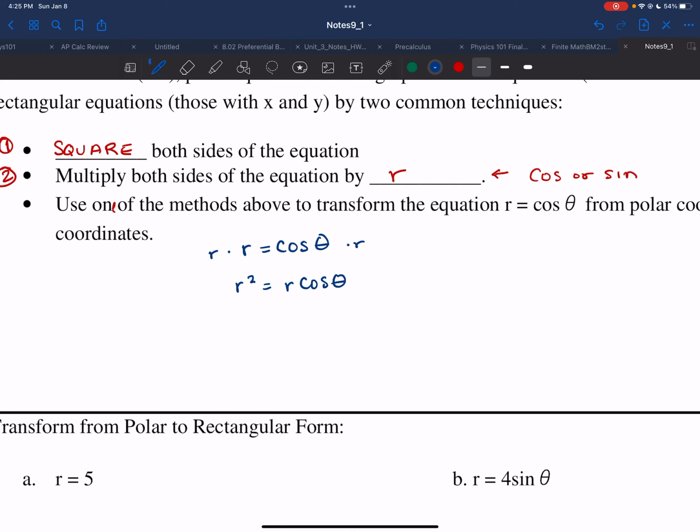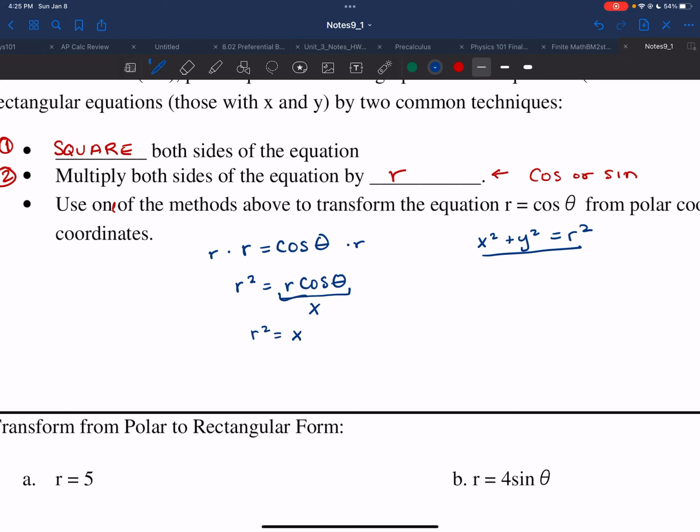Now remember, with our rectangular part, x squared plus y squared equals r squared. So we're going to hold on to that piece of it as well. So r cosine theta, we said, was our x component. So we could say r squared is equal to x.